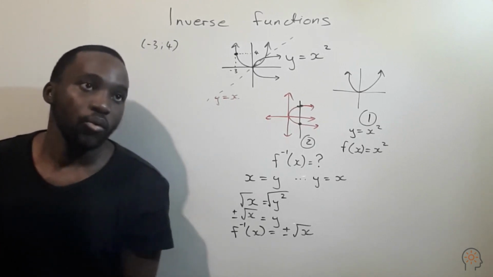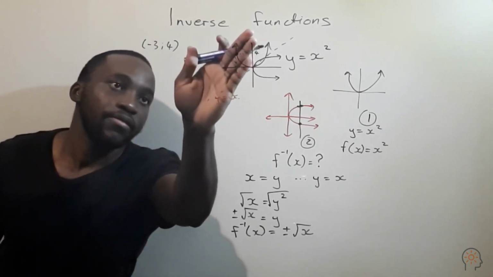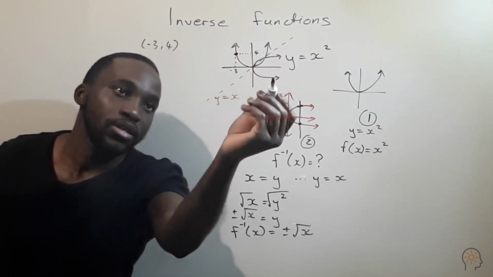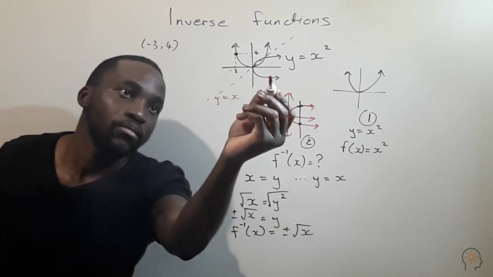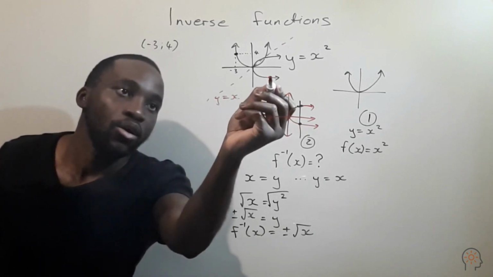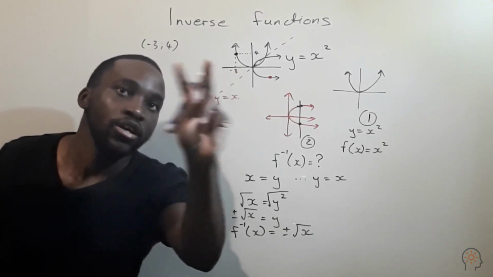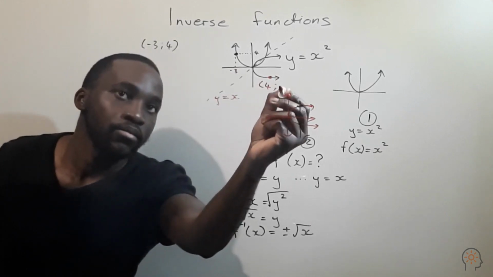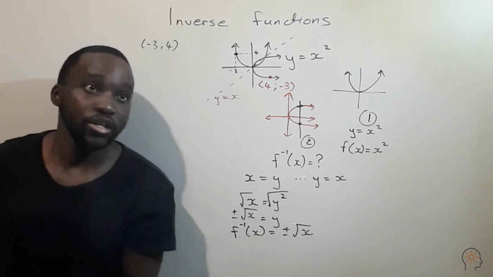We know that when this point is reflected about the line y is equal to x, it's going to be somewhere down there, right? Where these two values are just going to be swapped around. Literally, right? That's what inverse is.